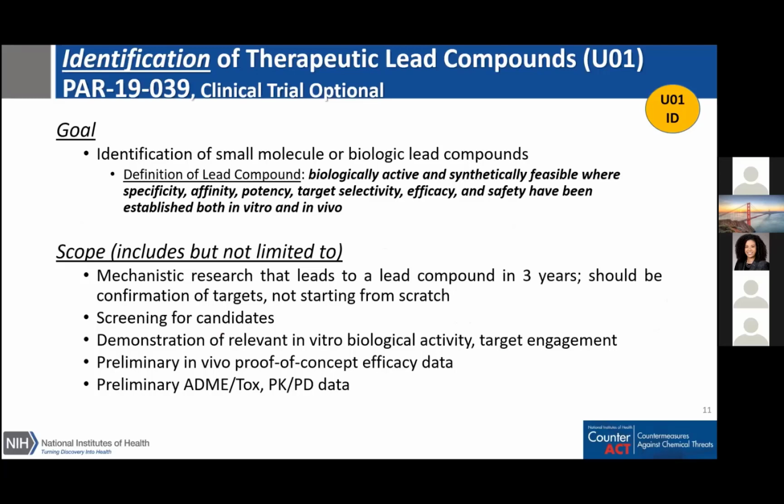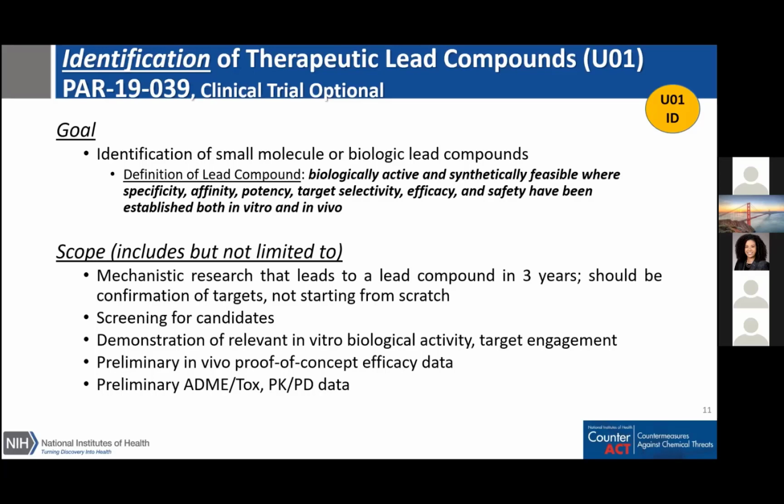The first U01 that we have supports research on the identification of lead compounds that can act as medical countermeasures to chemical threats. By the end of these 3-year projects, you will be expected to have a compound or compounds for which you have demonstrated that they are biologically active and feasible to produce.